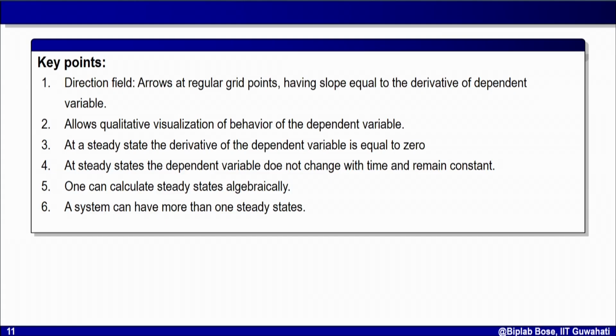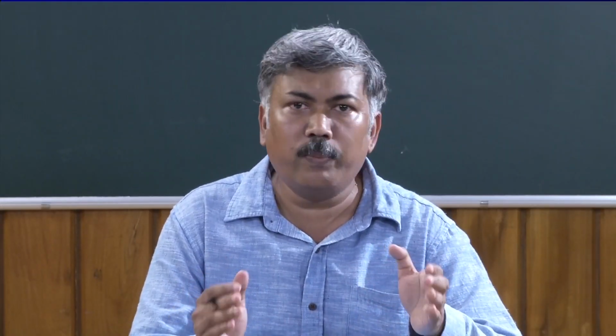So if I jot down the key points, in this video we started with a discussion of direction field. Direction field is a qualitative way to see how the ODE behaves in time versus dependent variable space. So in the case of direction field, suppose you have an ODE involving dependent variable x and independent variable time. You plot in x, t space.